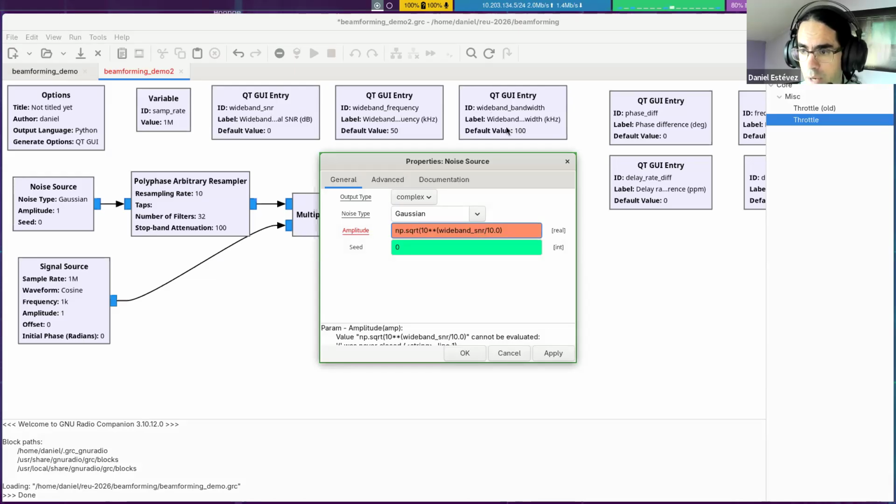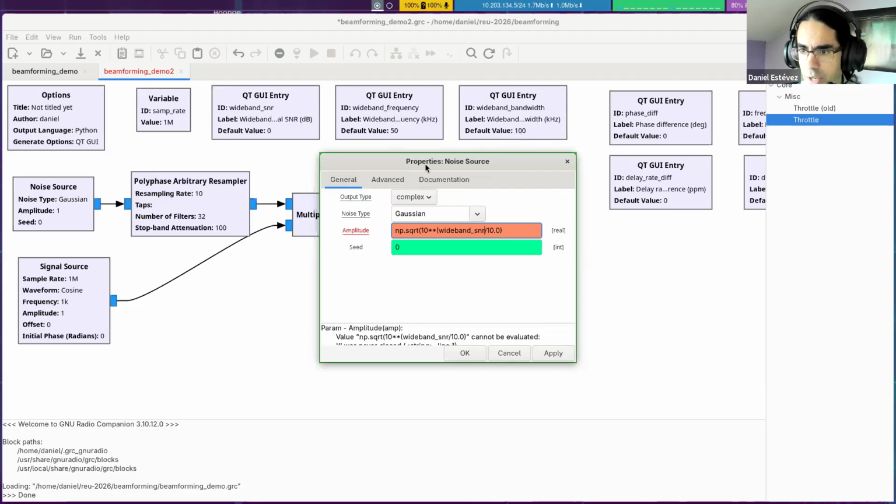So how should we think about that? We have the noise source. It's occupying a bandwidth of 100 kilohertz. And then the noise floor will be spread across the whole spectrum, so 1 megahertz. But if we look at just the noise floor, which is in the same bandwidth as our signal source, then we can measure its power.